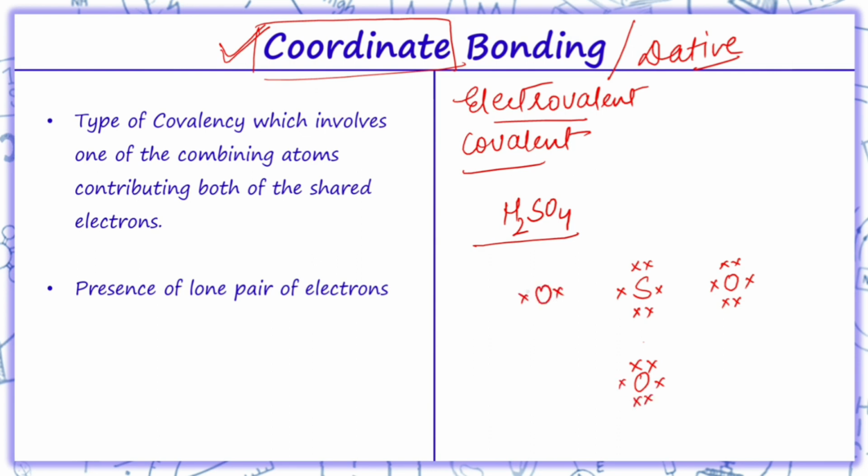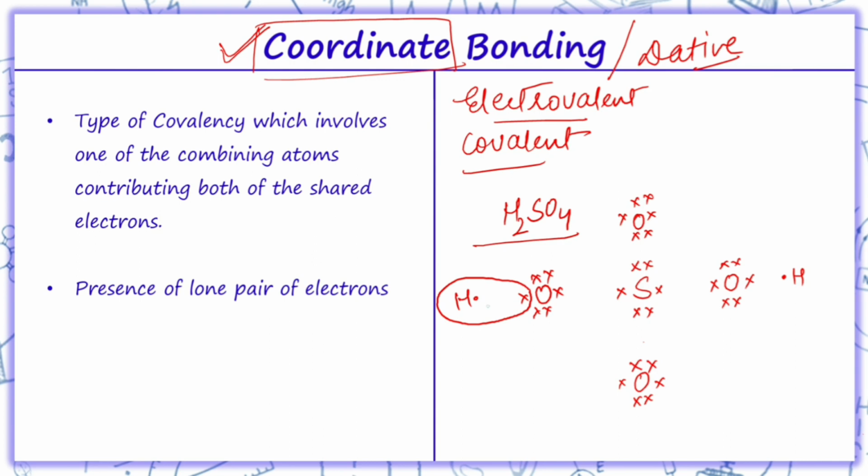Oxygen here also and here also. Hydrogen, it is having 1 electron in its outermost shell. Now hydrogen, what it will do? It has to complete its duplex, so hydrogen will share 1 electron from oxygen.